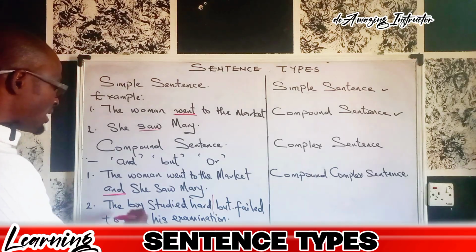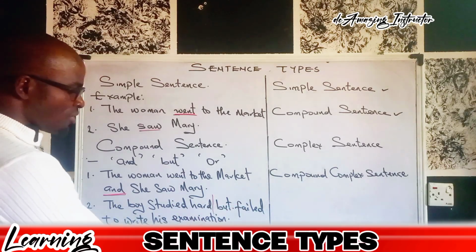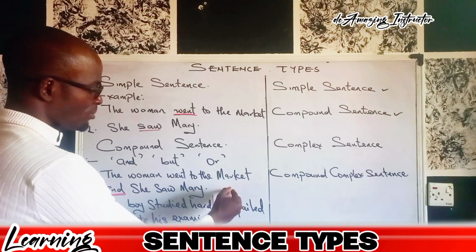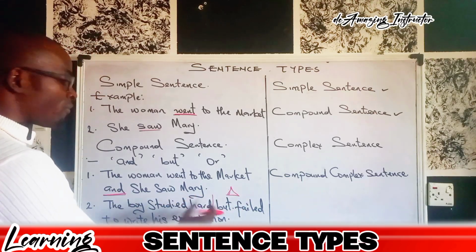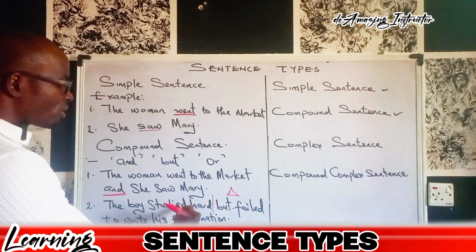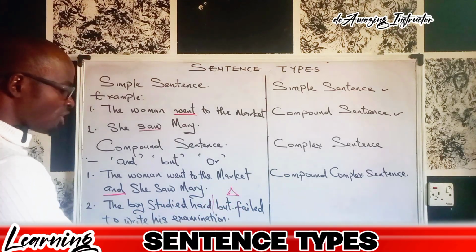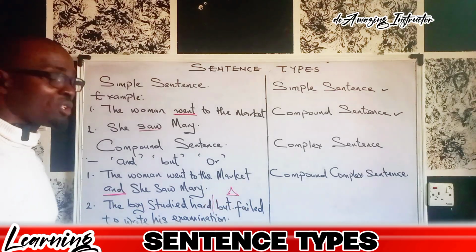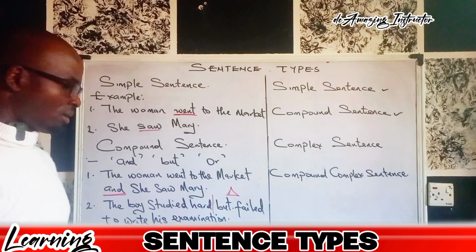It is just like saying the boy studied hard, the boy failed to write his examination, but we elided the subject to avoid repetition: the boy studied hard but failed to write his examination. So the boy failed to write his examination is another example of an independent clause.